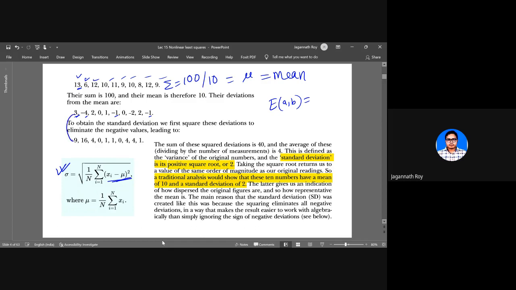So this is 9, 3 squared, 4 squared is 16, 2 squared is 4, and so on. If you take the sum, it will be 40. Divided by 10, since n is 10, this is 4, and the root of 4 is 2. So the standard deviation, when we take the square terms, will be 2.